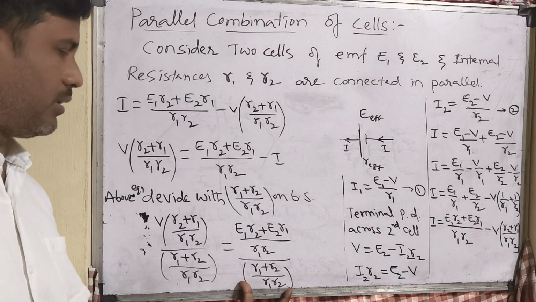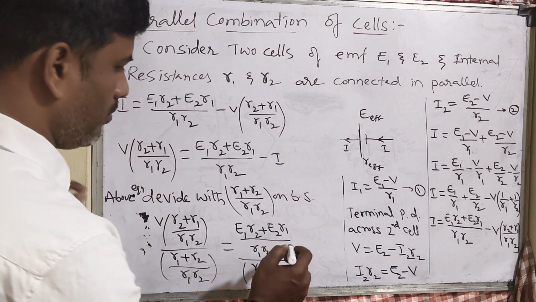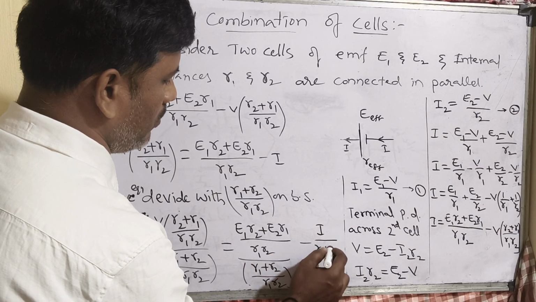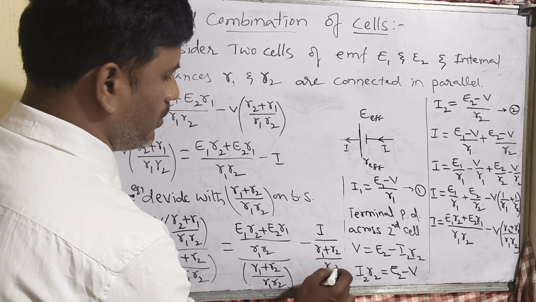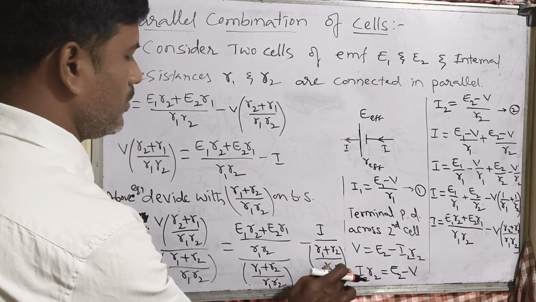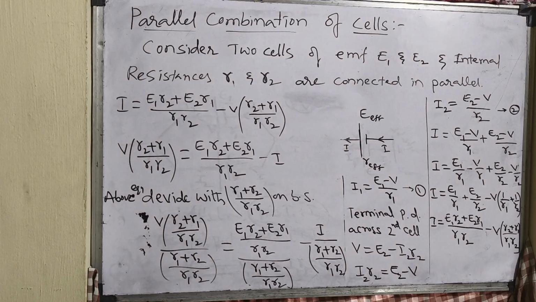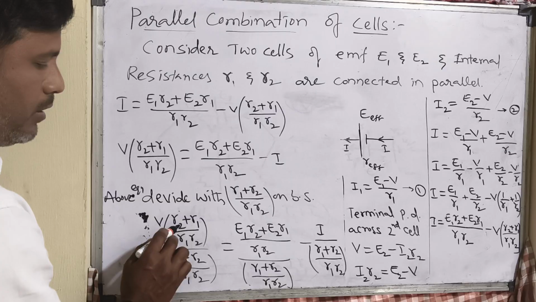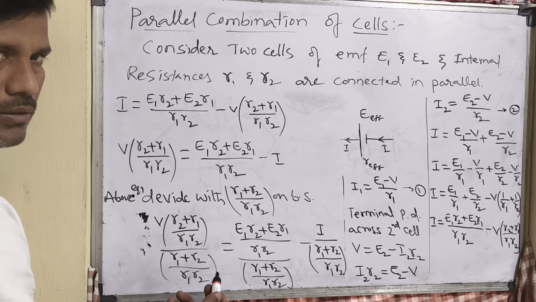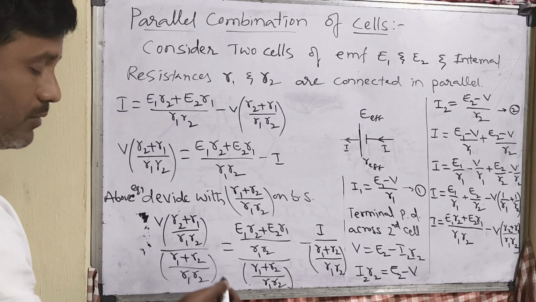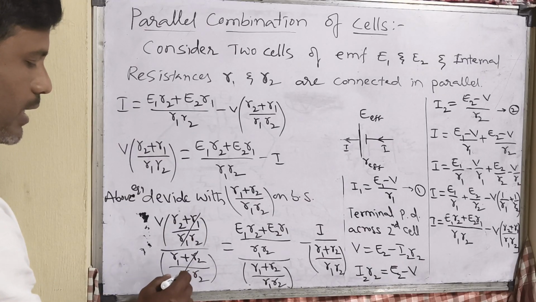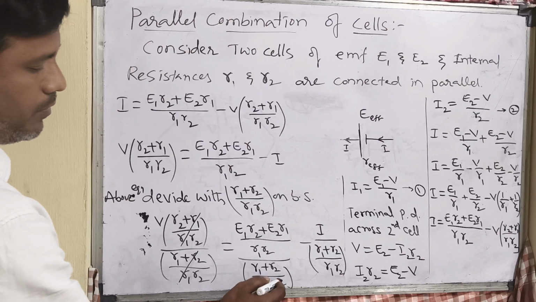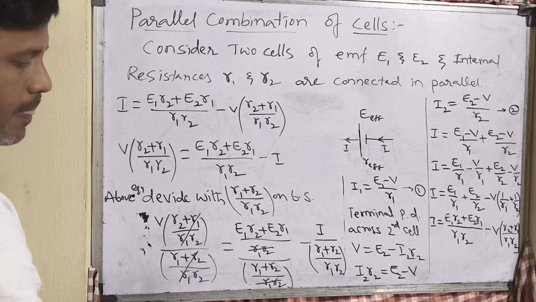So this function also is divided with the same term: minus I divided by R1 plus R2 divided by R1 R2. Understood? Clear? Right. Here R2 plus R1 or R2 plus R1 is the same. 1 plus 2, 2 plus 1, same like that. 1 plus 2 is 3, 2 plus 1 is 3 only. That's why these two are cancelled out. They are denominator terms, these two are cancelled. Next.